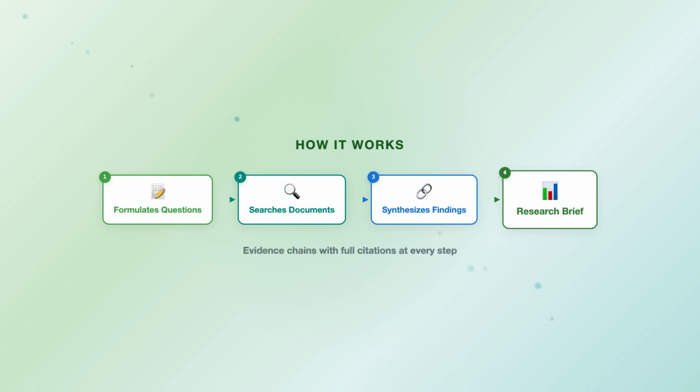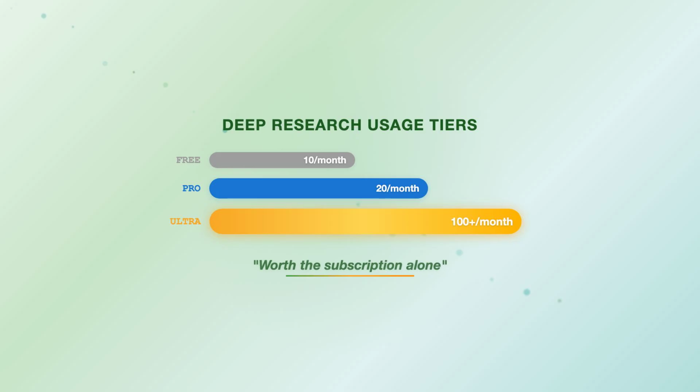Think of it as a research assistant that reads everything in your notebook and writes the analysis for you. Free users get 10 deep research queries per month. Pro gets 20. Ultra gets over 100.